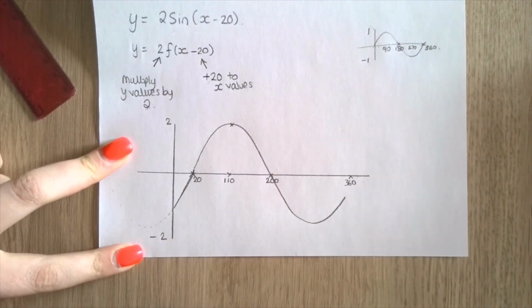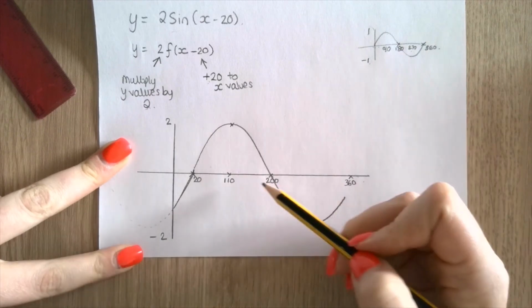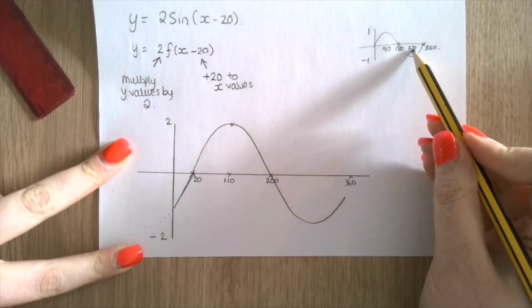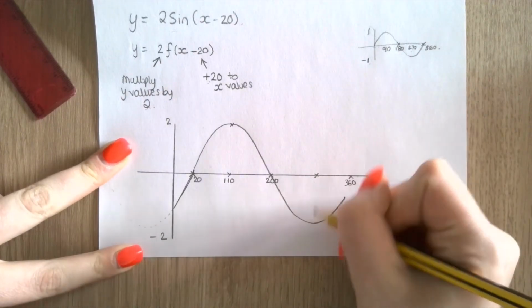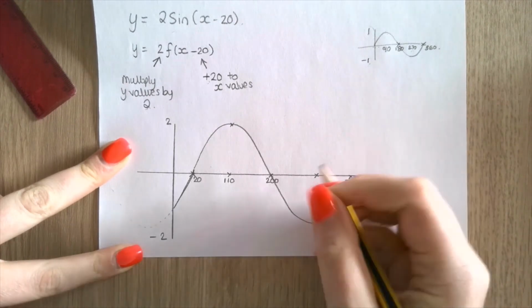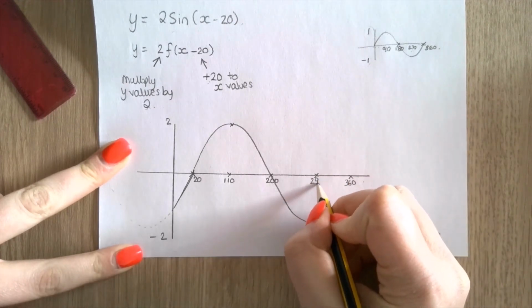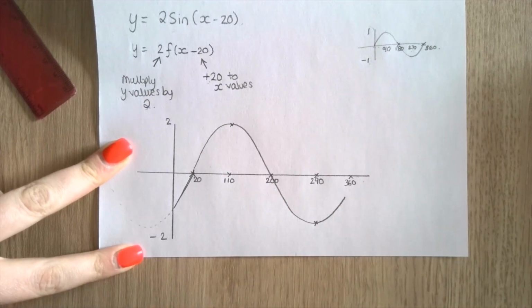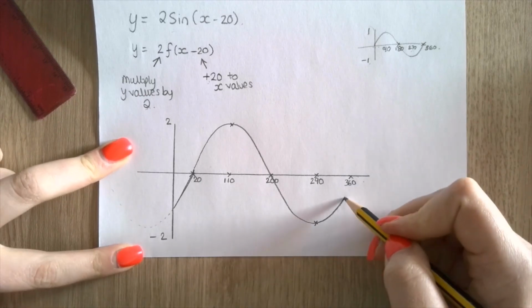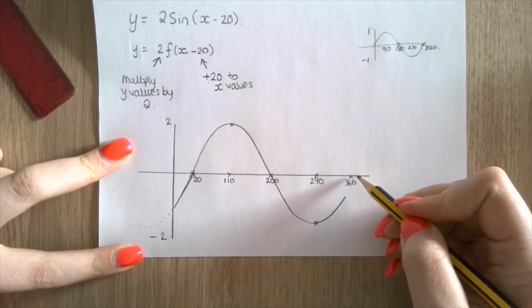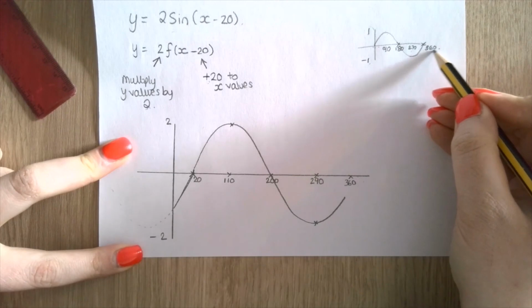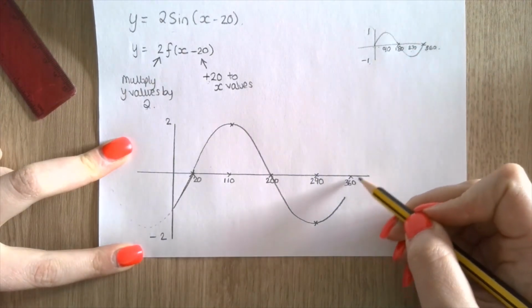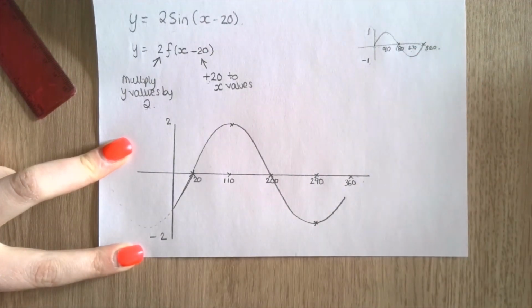Add 20 to that gets me 200. 270, which is my minimum point here, will now be 290 degrees, and we've got that minimum point of negative 2 on there. And finally the 360, as I explained, it doesn't come all the way up to the x-axis, because when I add 20 to that, that becomes 380. Okay, there we go.